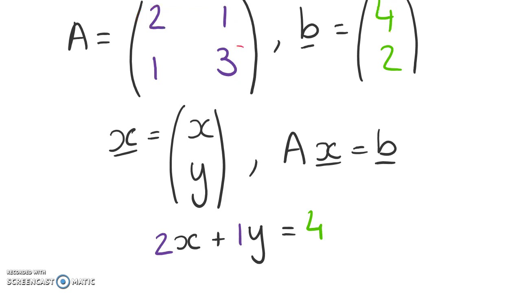Now we're looking at our second row here. When I'm talking about the second row, I shouldn't be circling, and same as when I was doing the first row, I shouldn't be circling a value in the x vector.